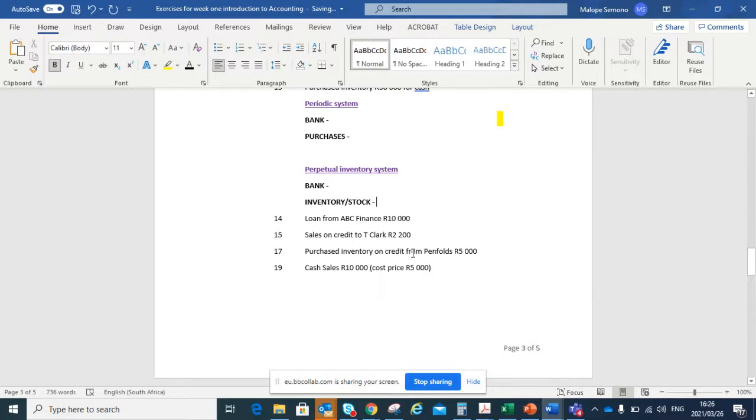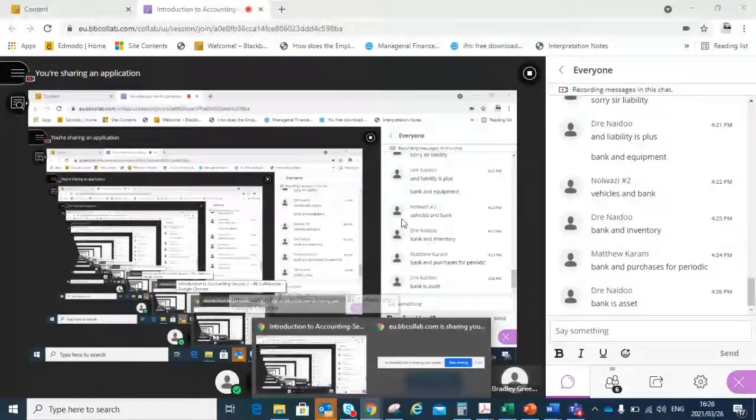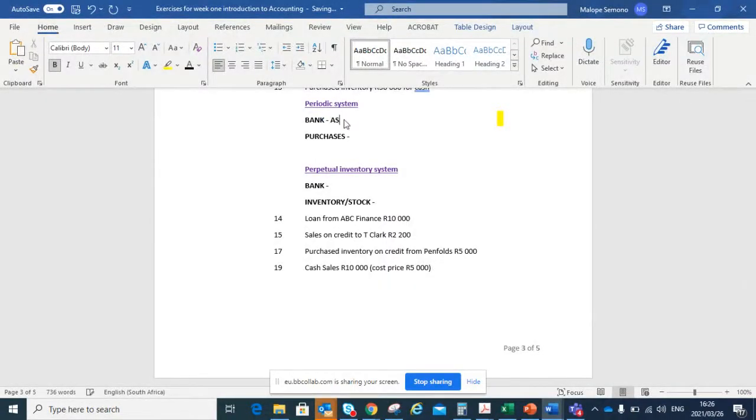I know it's Friday. Energy sometimes is a challenge. Let's see. Bank is an asset. I agree. For now I'm going to write bank. Bank is an asset, so I'm going to write asset here because it won't change.